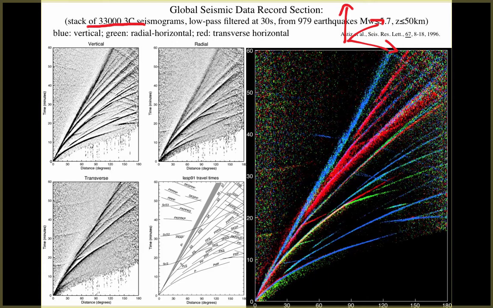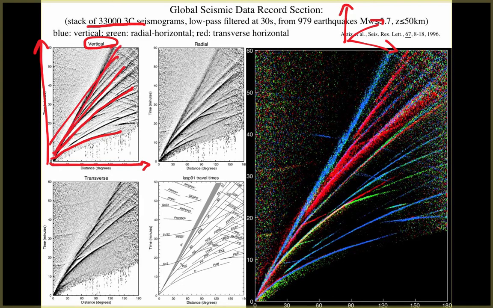When we stack all the vertical components for these 33,000 seismograms from 0 to 180 degrees, that's the far side of the Earth, and plot the travel times from 0 to 60 minutes, 1 hour, we see a very well-formed pattern, again with the P waves, with the S waves, with the surface waves.